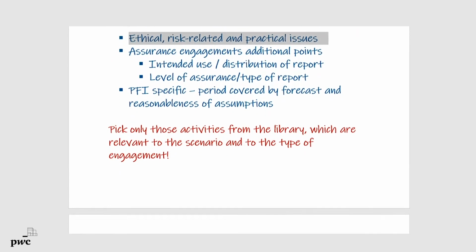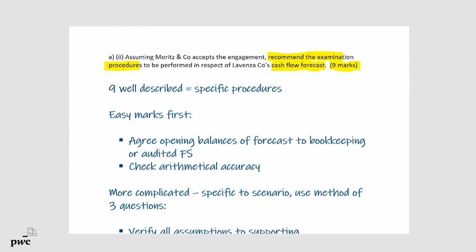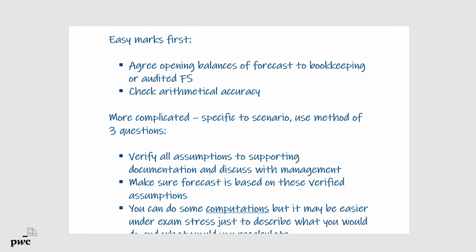The second part of requirement A was dedicated to those actual procedures which you would perform on that cash flow forecast once you accepted the engagement. Now, 9 marks were available, which means 9 well described, meaning specific, procedures. Well, again, I would recommend that you first go for easy marks.